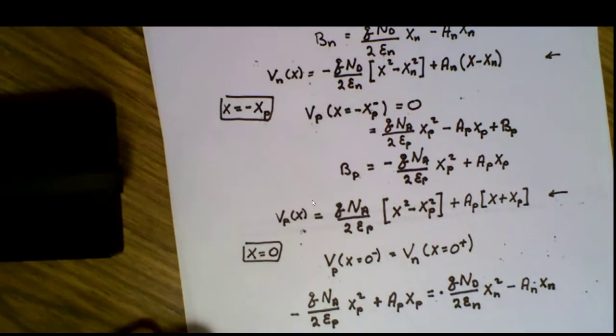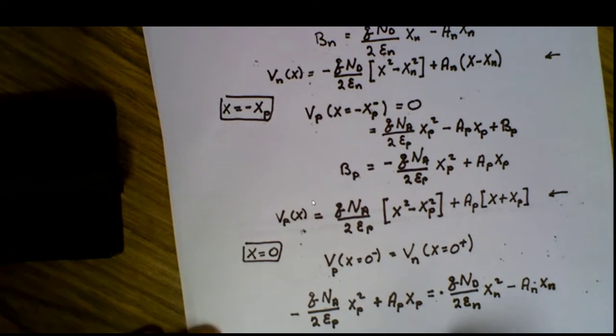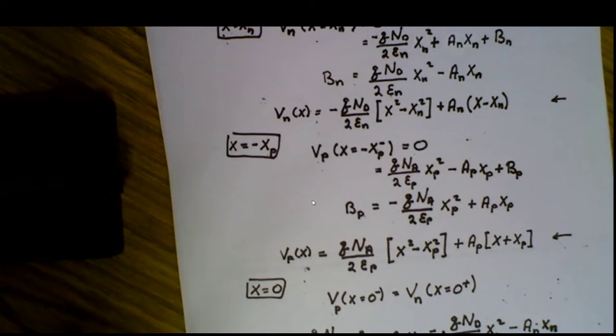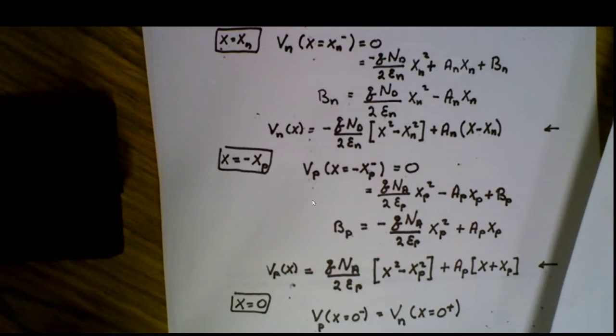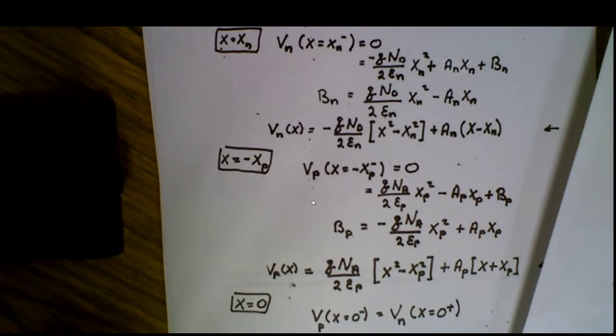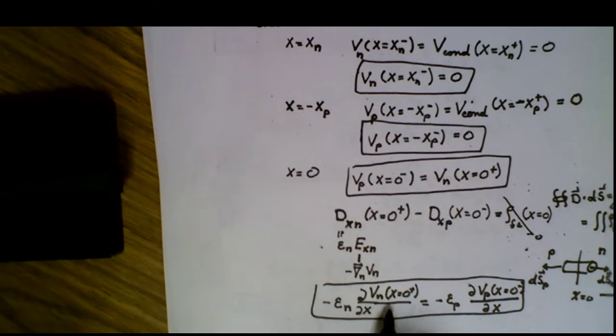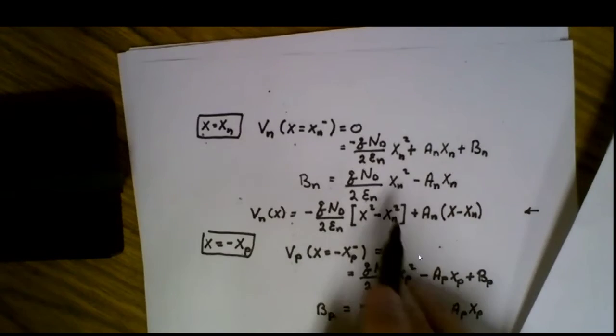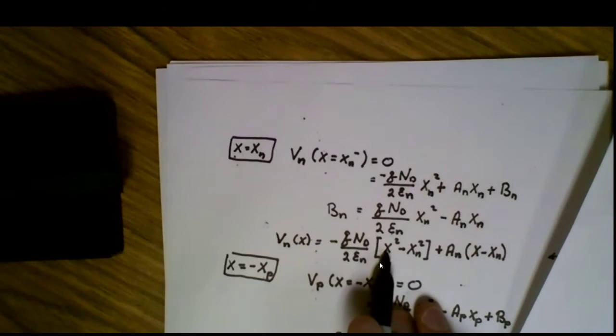Okay, so that represents one equation. The second condition, we're going to do a little bit in our heads. The term that we're going to look at is the first term. We're going to take the derivative of the potential with respect to x, and then we're going to force x to be 0. If we look at the first term, we take the derivative with respect to x, that gives rise to a factor of 2x.